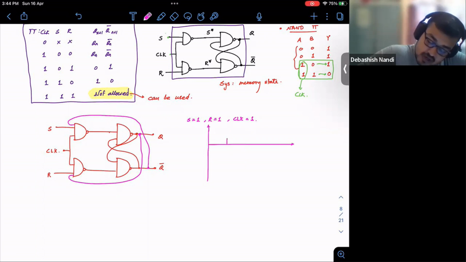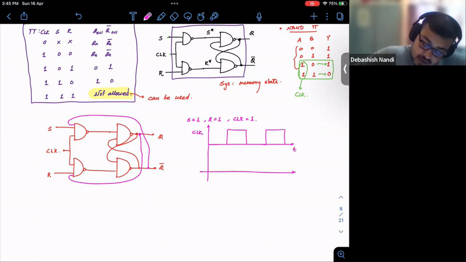If you analyze it in the same way, you can find your output to be like this. Suppose this is your clock, and you will find your output to be something like this. It will change rapidly when the clock is on and these conditions are satisfied.